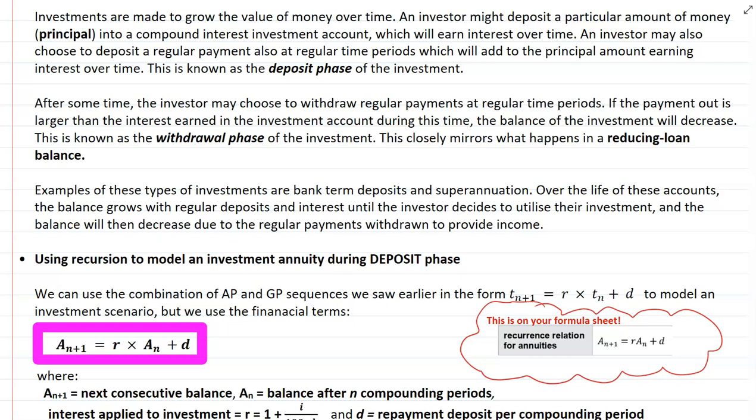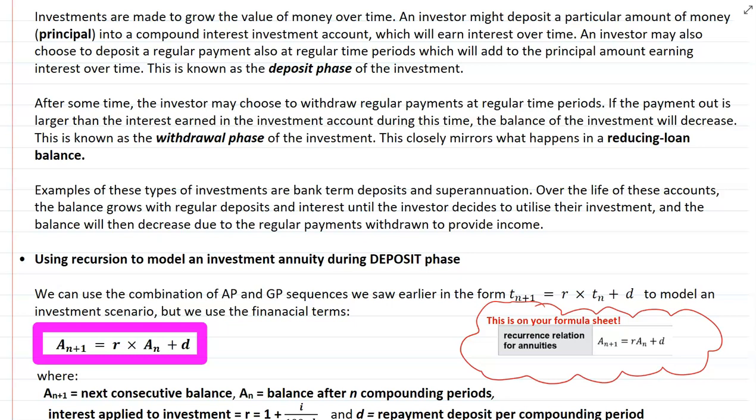Investment annuities are different because they usually have two phases. A deposit phase: firstly, an investor would look at depositing a certain amount of money into a compound interest investment account, which will earn interest over time. On top of that, making regular payments or deposits into that account, which will add to the amount of principal earning interest over time.